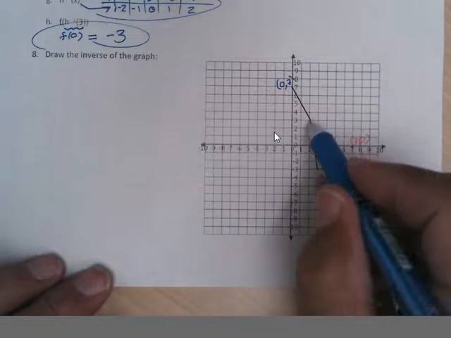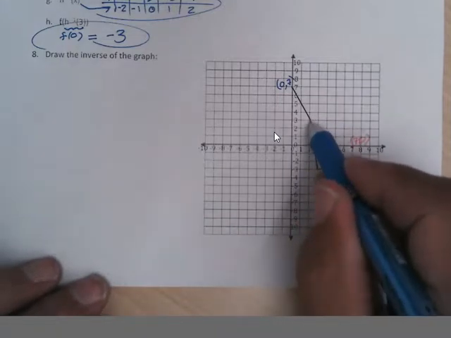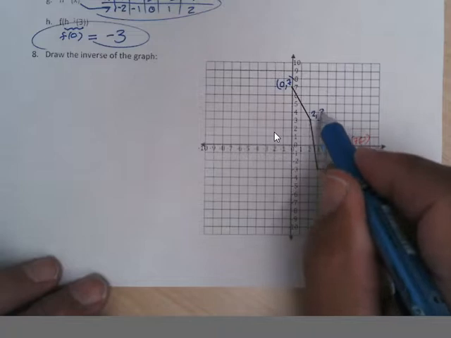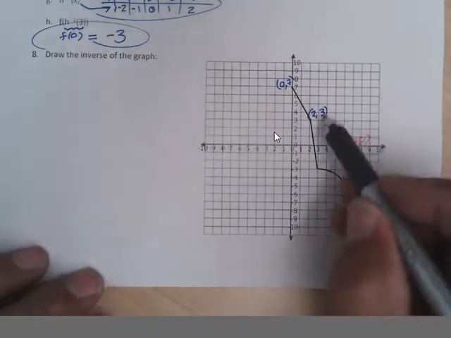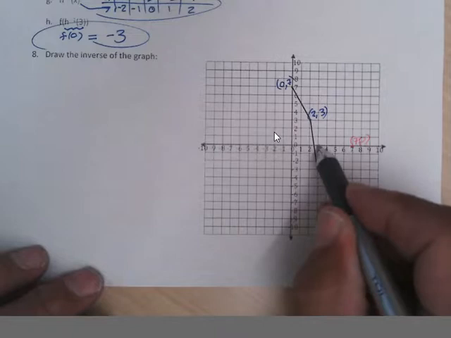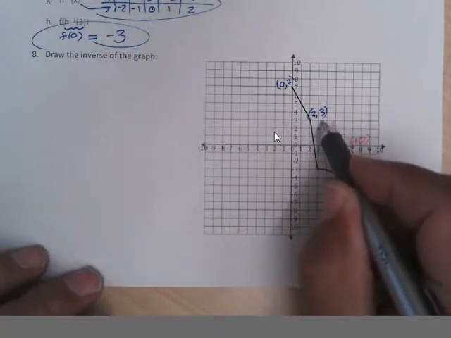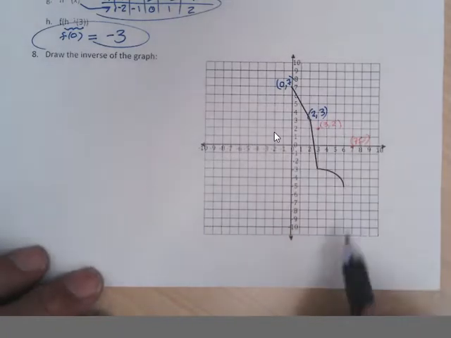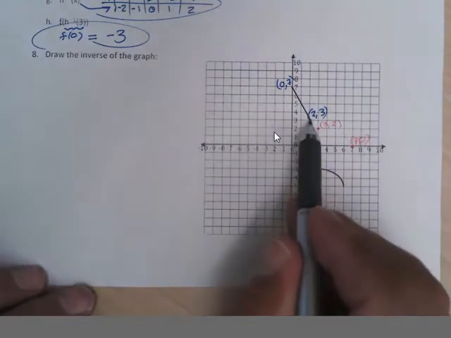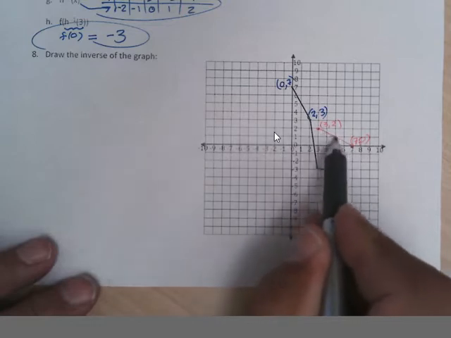This point is 2 in the x, 3 in the y, approximately. So the inverse would be 3 in the x, 2 in the y. This point gets moved to there. And between these 2 points is a straight line, so between these two will be a straight line.